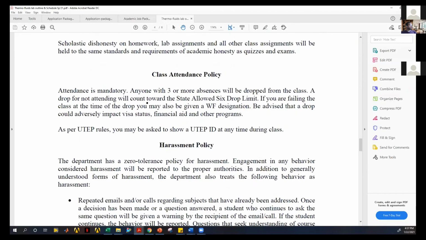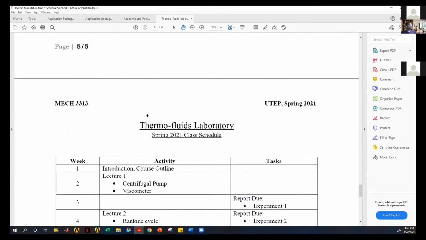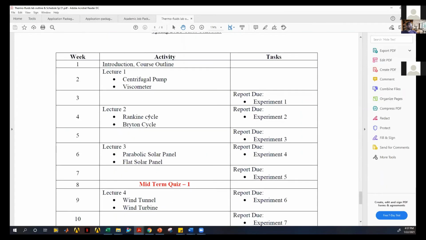So the way it's gonna go, it's a cycle. It's a weekly cycle, meaning you have to submit one report every week. Today is the first class, so no report next week. But after the first lecture, you're gonna submit the first report the week after, and the second report the week after that.